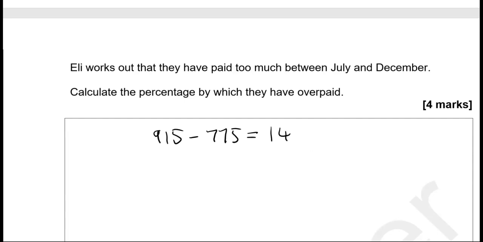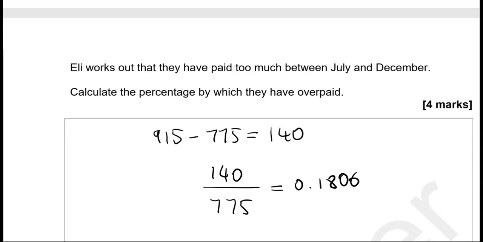So it's £140 overpaid. 140 out of 775, so that's the original amount, gives us 0.18064 and so on.